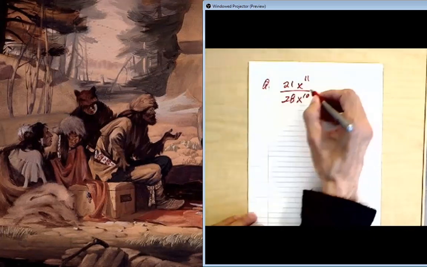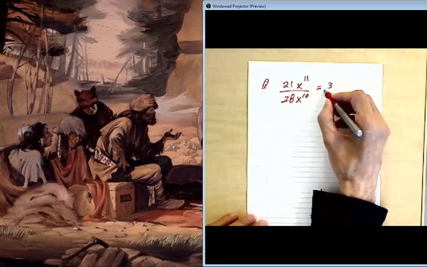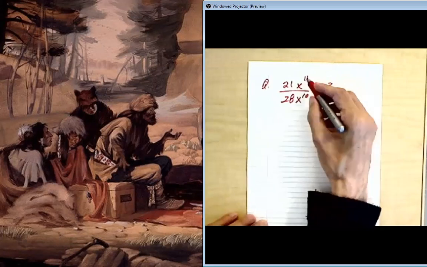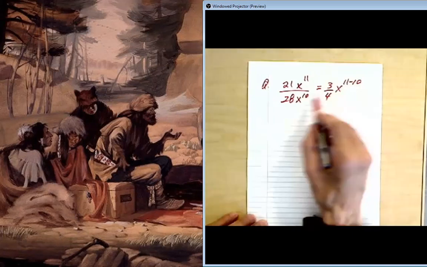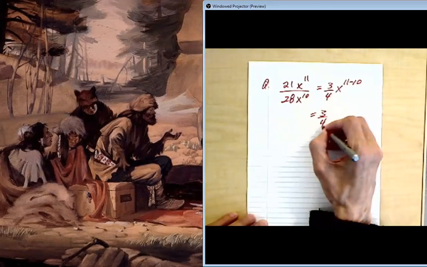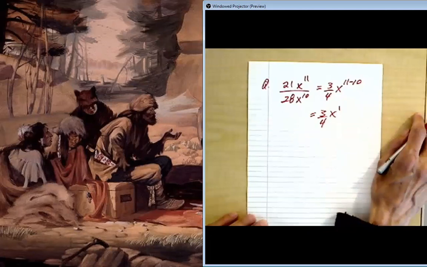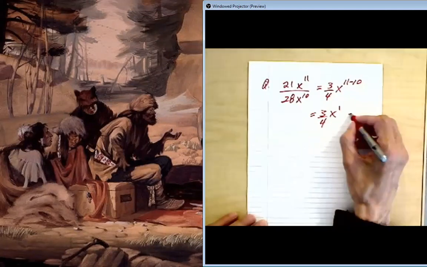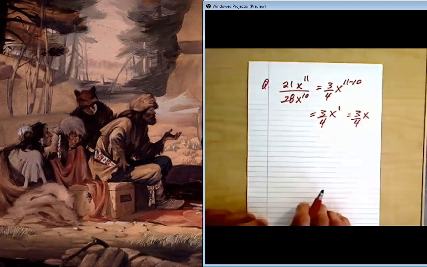Okay. Yeah, that's right. X will be 1 because as a middle step, I'll show you this, subtracting because we're dividing. And so that will create x to the 1. You can write it in there. But then what happens? We never write it in there. We just go 3 over 4, x only like that.